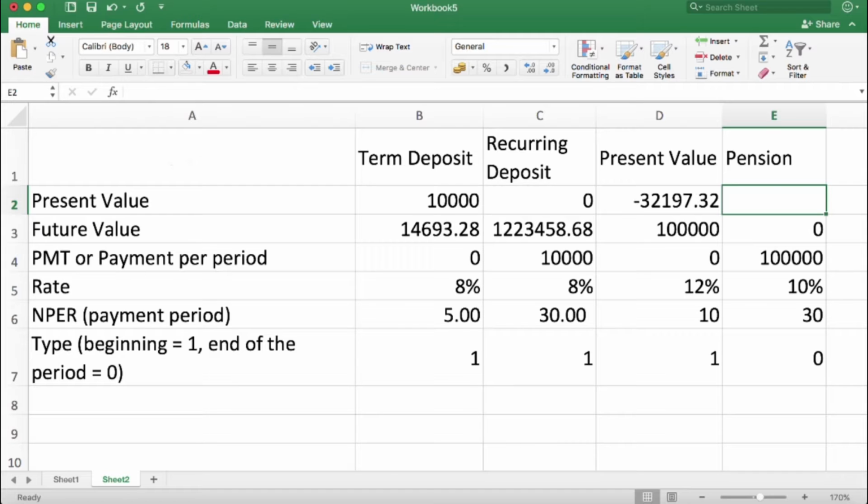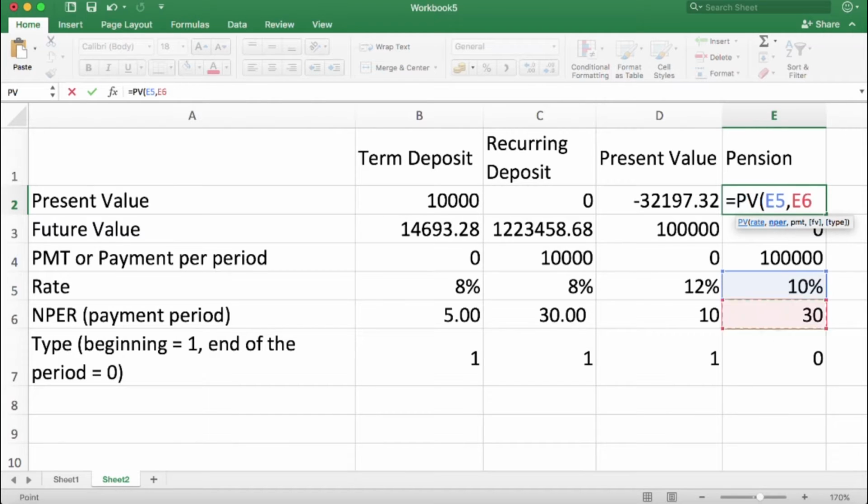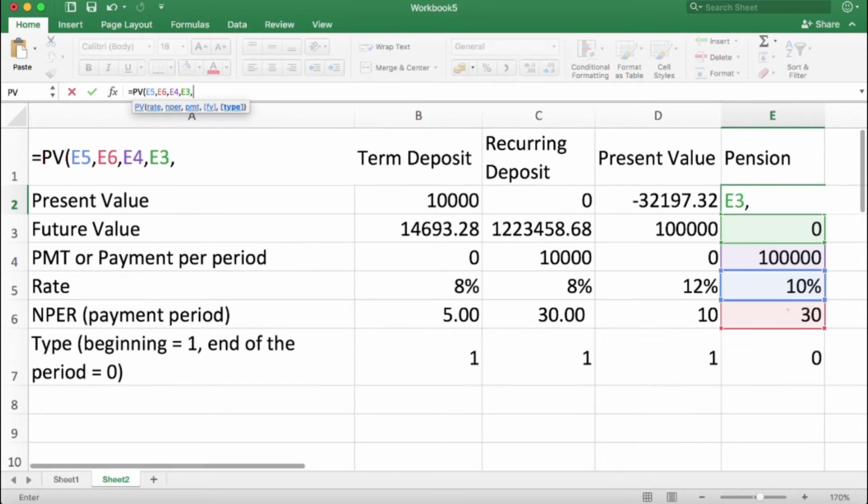So now we need to find out the present value of this pension. Since we know how to handle these variables, we'll put in the present value function, open the bracket. Rate is 10%, NPER is 30, PMT is 100,000, FV is 0, and type is 0.